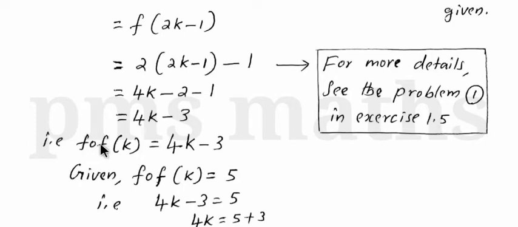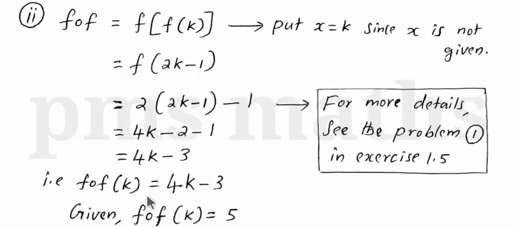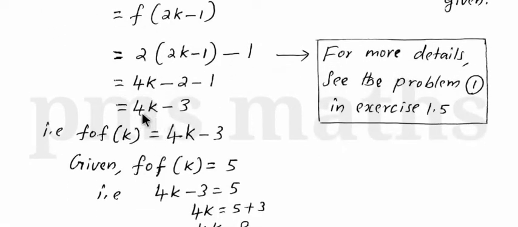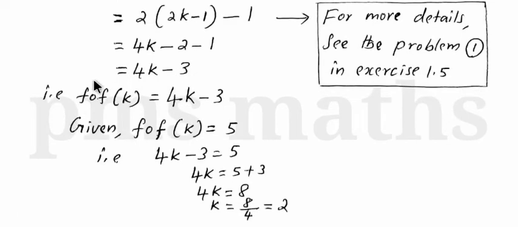This is nothing but f of f. Nothing but f of f of k is equal to 4k minus 3. Here f of f of k is equal to this value 4k minus 3. Then take the given equation.